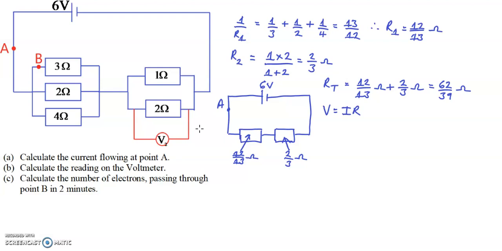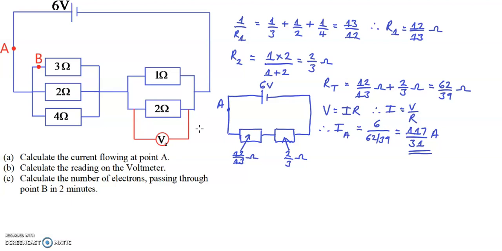And because we want the current flowing through point A, we need to make I the subject, so I equals V over R. Therefore, the current flowing at point A will equal the cell voltage 6 over the total resistance of the circuit, which is 62 over 39 ohms, which gives a current of 117 over 31 amps. So that's the answer to part A.